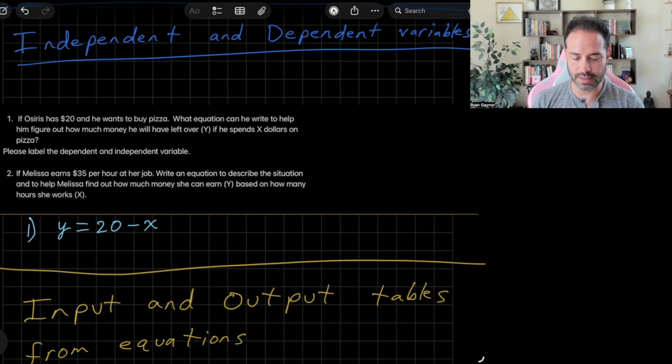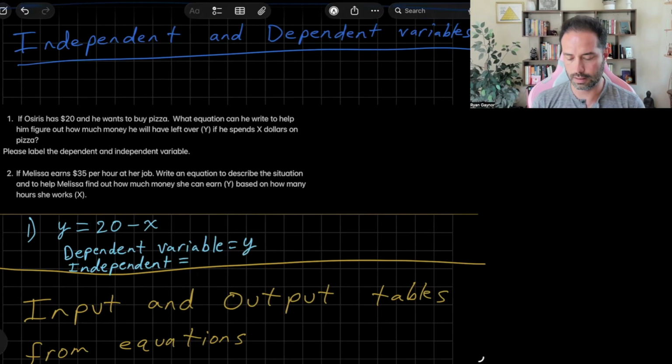So the dependent variable equals y. The money left over will depend on the money that he spends. And then the independent variable equals x.